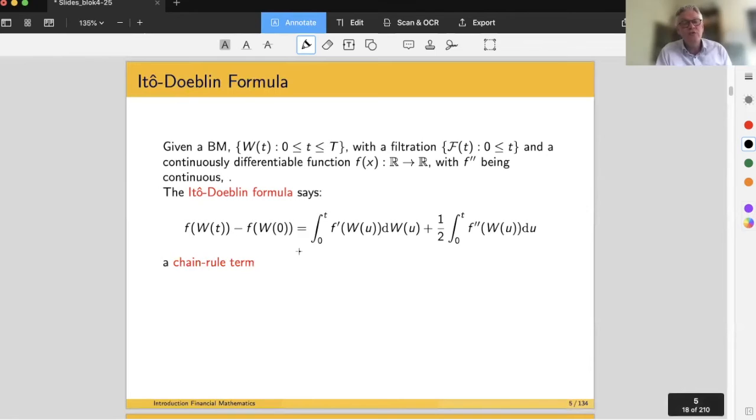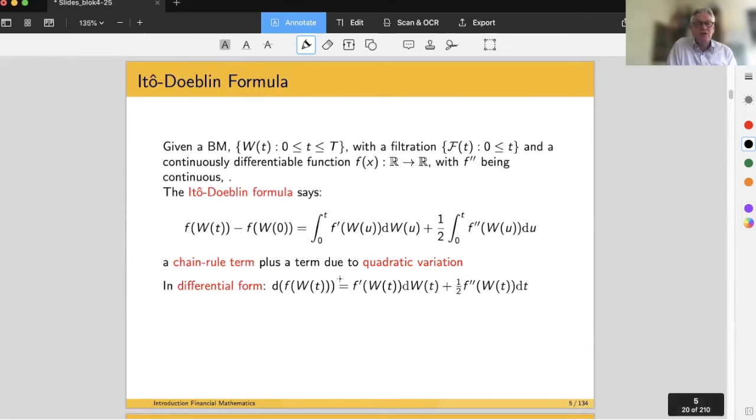So we have the chain rule term, the first one, and we have an extra term due to the quadratic variation. And in differential form, if we look at this, then this difference we can write as d f(W_t), the change in f(W_t), and it is connected to f prime(W_t) dW plus 1/2 f double prime(W_t) dt.